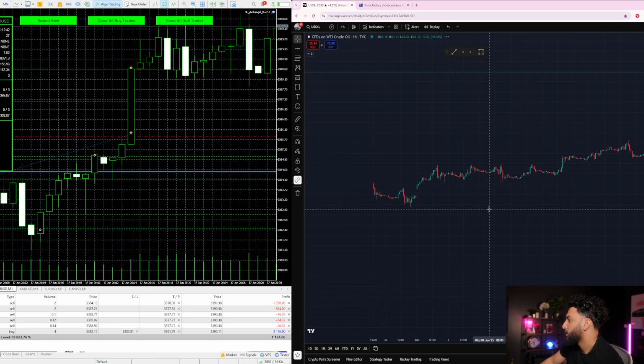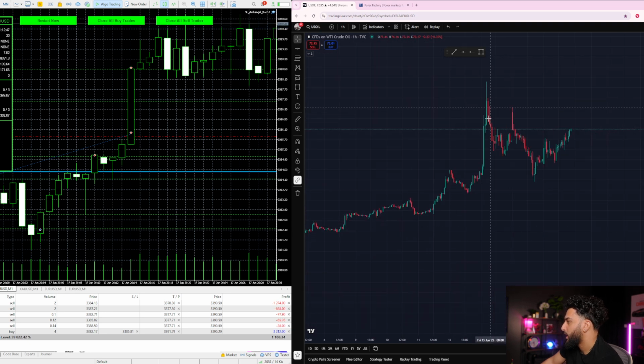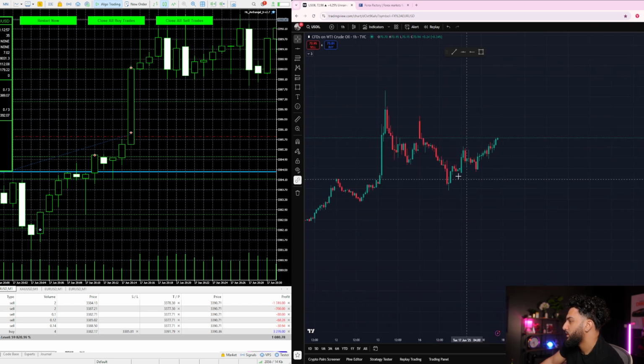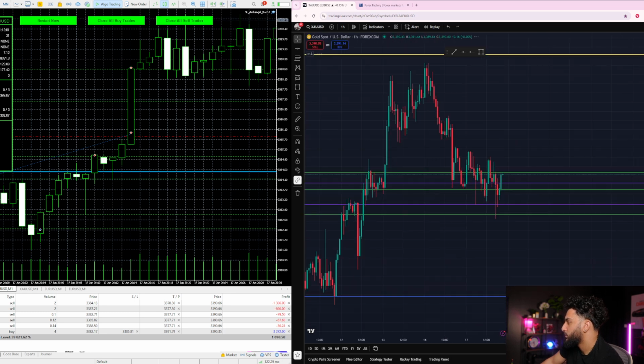Look at this disgusting range. Then we had a little uplift here, but this is before the missiles were sent. I don't remember what happened here, but then we were just back into this range.